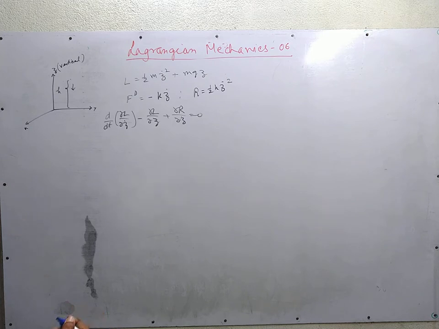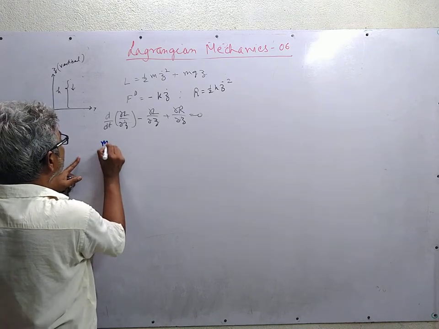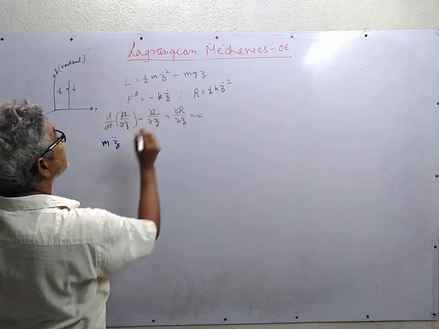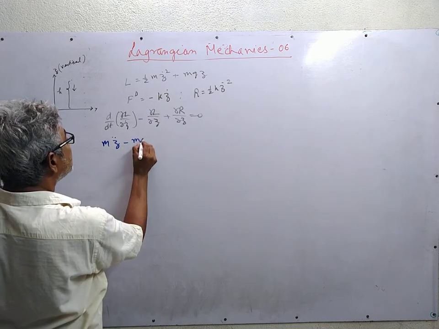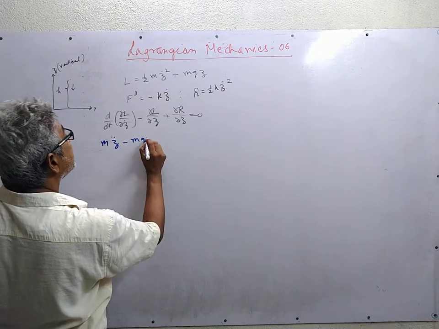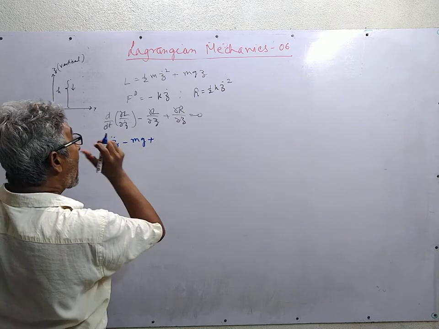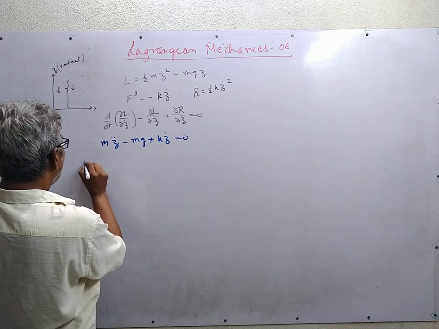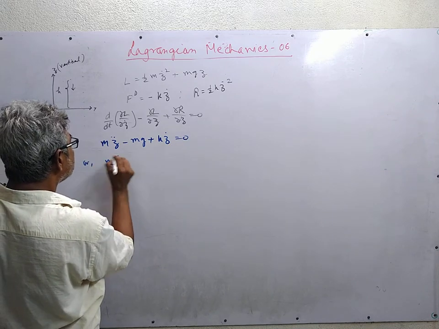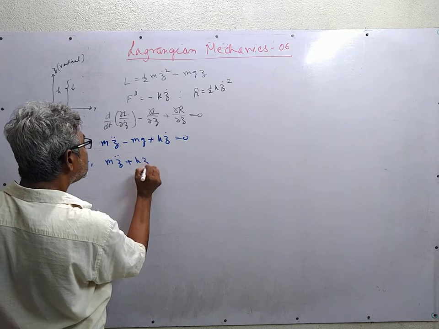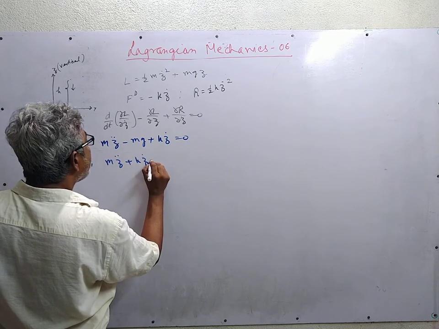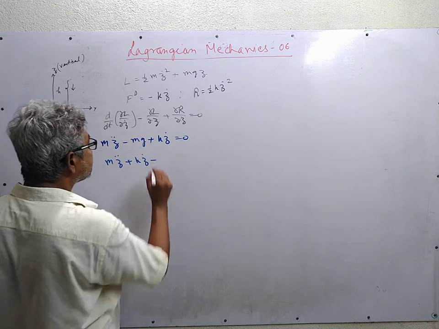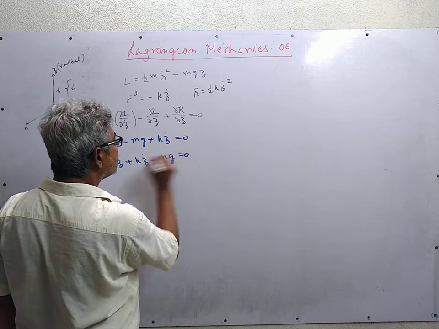This part is m z double dot, this part is minus mg, and this part is plus k z dot is equal to 0, or the equation of motion is m z double dot plus k z dot minus mg is equal to 0.